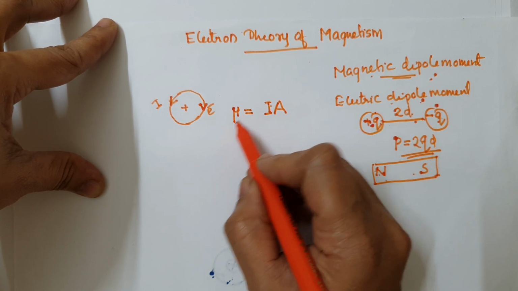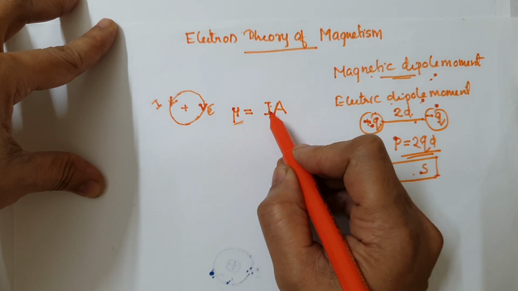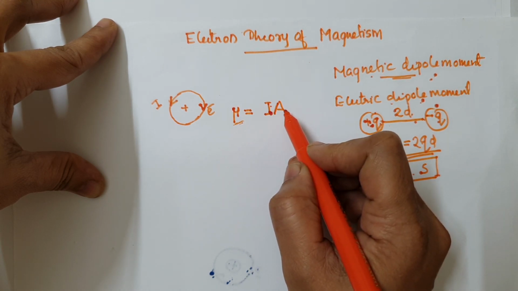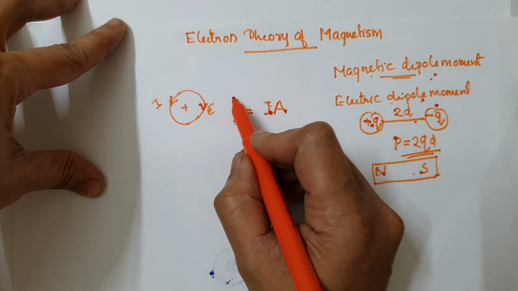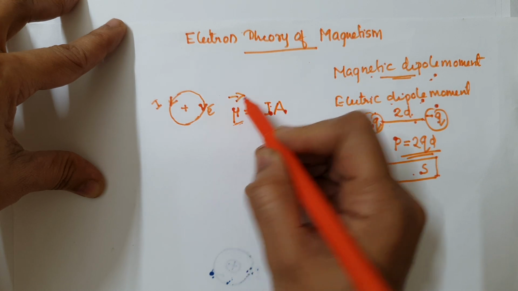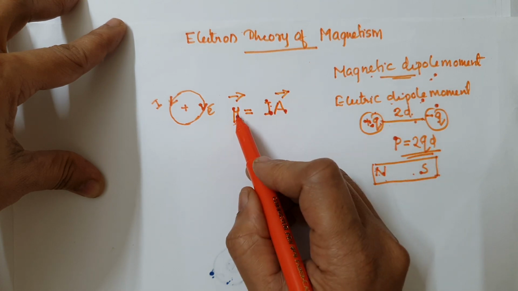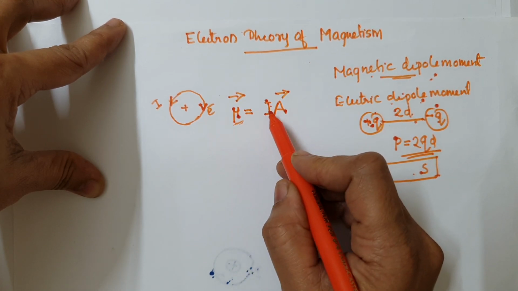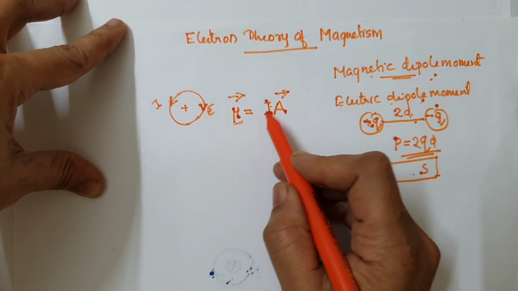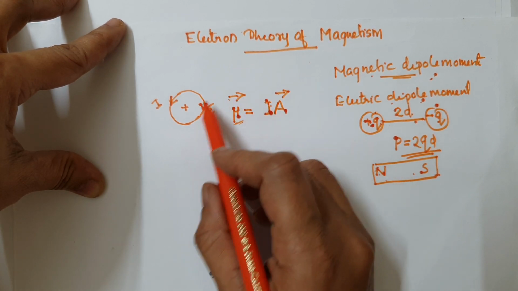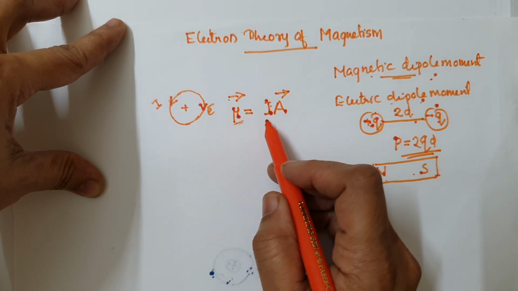The magnetic dipole moment is a vector: current is a scalar but area is a vector, and a scalar multiplied by a vector gives a vector. Hence the magnetic dipole moment is a vector.